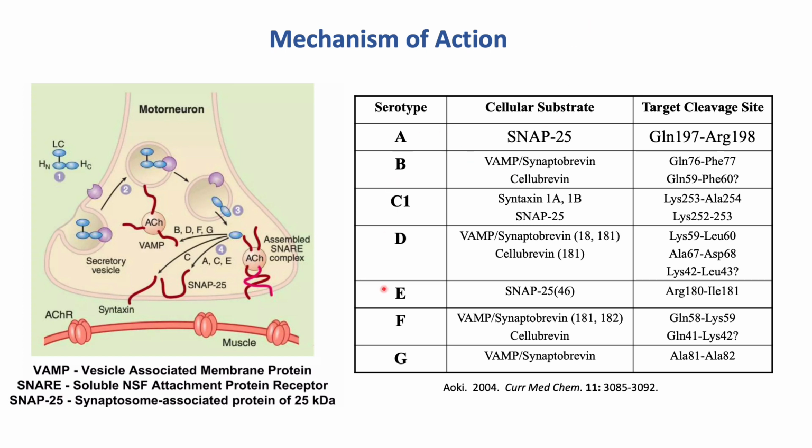So, here are the 7 serotypes, their cellular substrates, and target protein cleavage sites. The botulinum neurotoxin serotypes cleave at least one of the 3 intracellular substrates that are essential for neurotransmitter release. SNAP25, syntaxin, and VAMP interact with each other to form a multimeric complex that mediates neurotransmitter release.